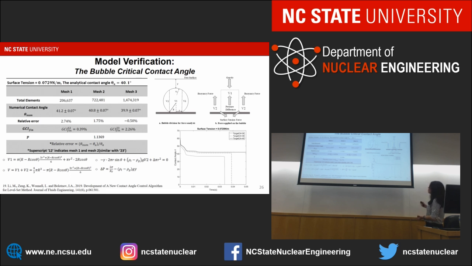As we could observe here, when the value is 35, the bubble will depart because the contact angle decreases to 0. And when it's 39, it also departs. When it reaches 40, it stays on the wall. So we prove that we are able to predict this critical contact angle as the analytical solution shows.